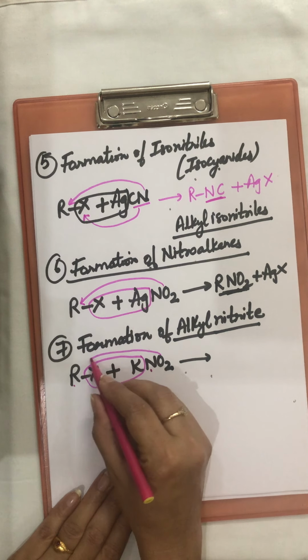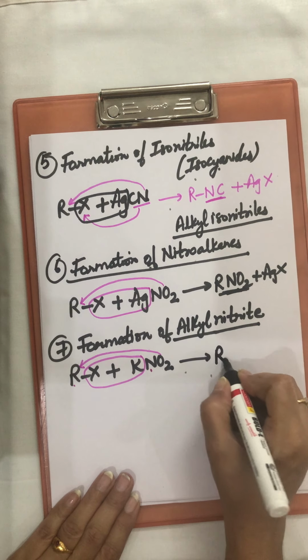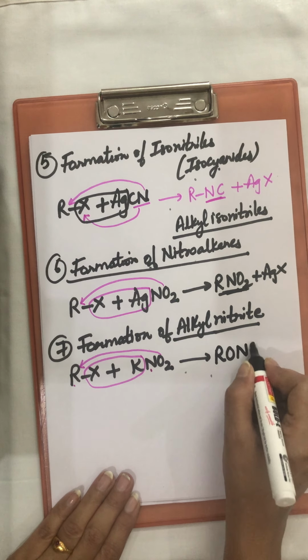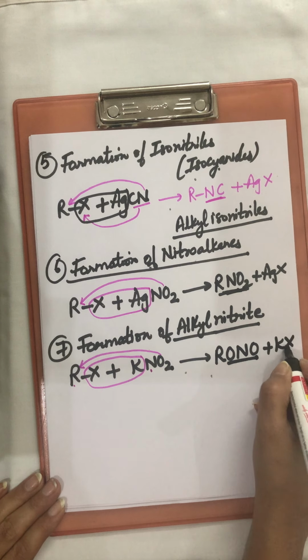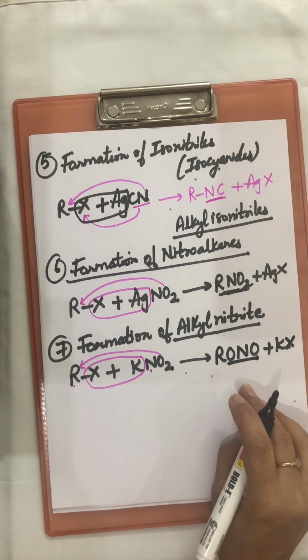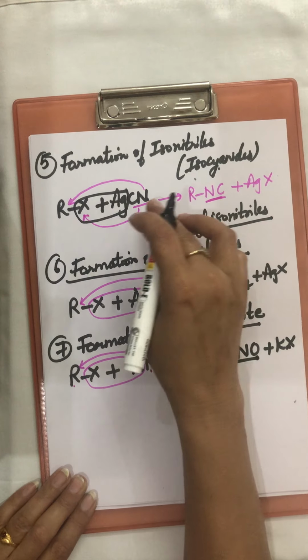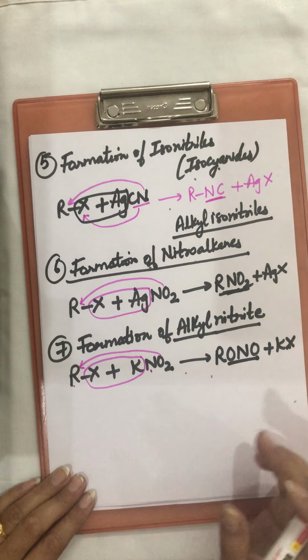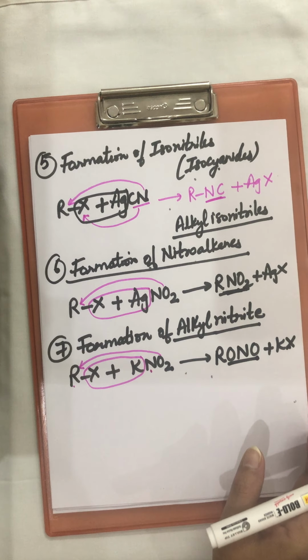Oxygen in fact will attack this alkyl group and we get RONO. ONO is nitrite. So we are getting the alkyl nitrite here. How do we come to know that oxygen will attack here or nitrogen will attack here? This we'll do afterwards in this chapter. This is a reasoning question.